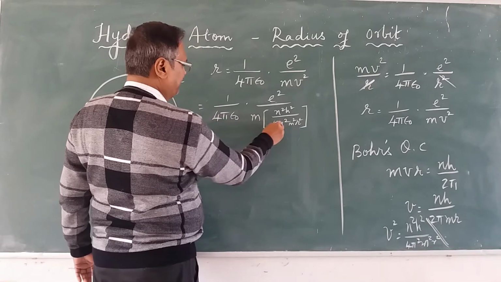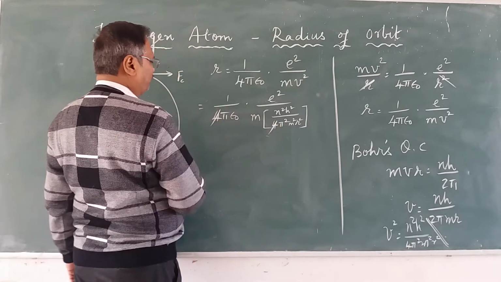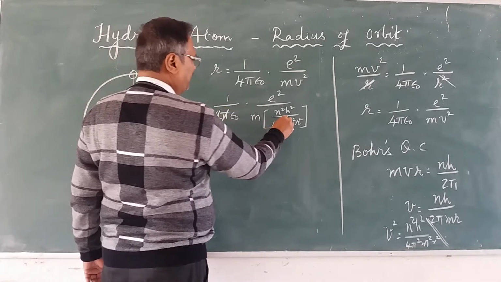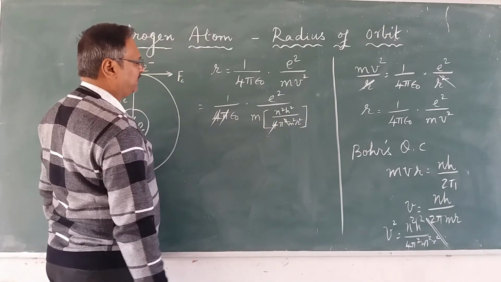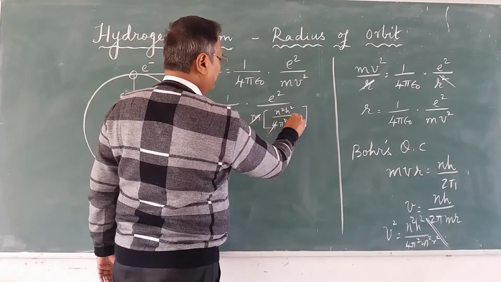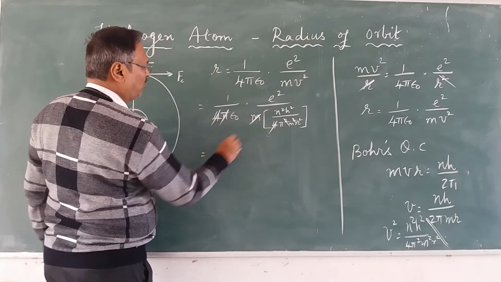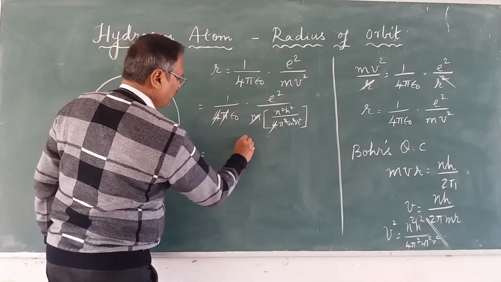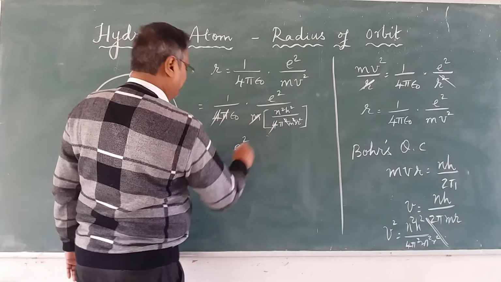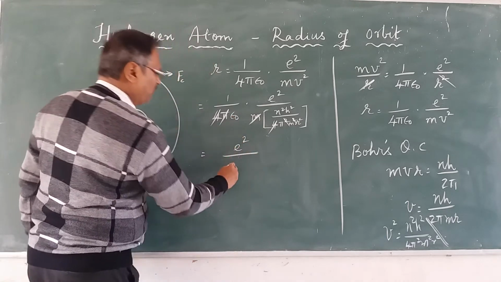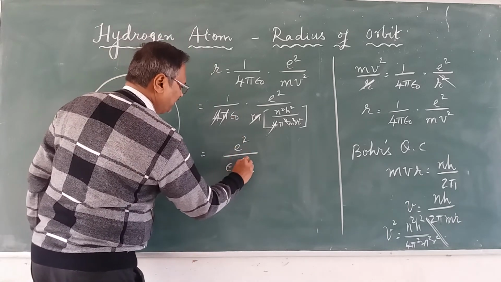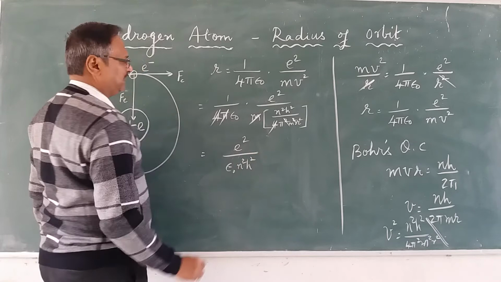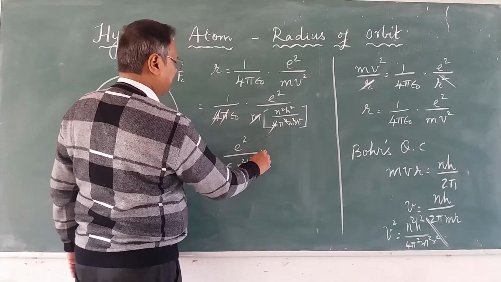I cancel 4 and 4, and I cancel pi squared with the pi, and I can cancel m with the m square. So I have got here e square divided by epsilon naught n square h square multiplied by, right?